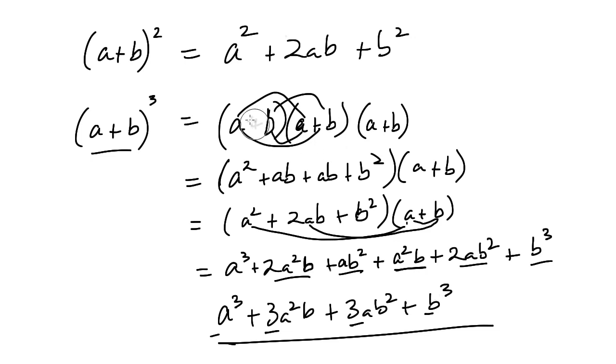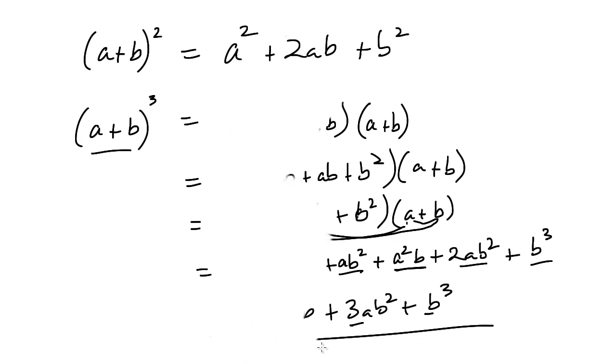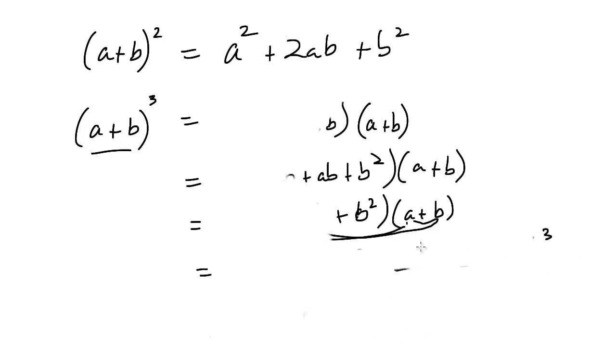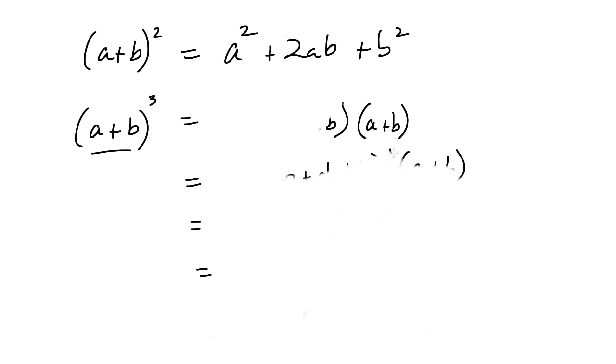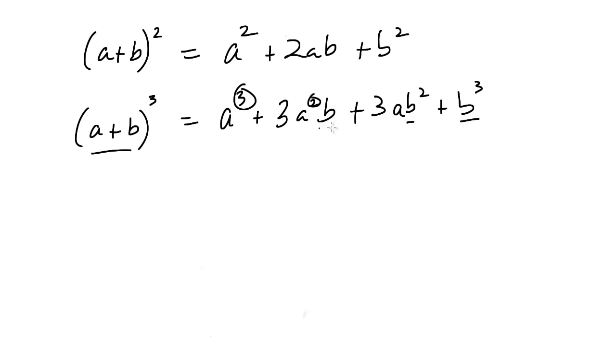If I didn't want to go through this whole process that I've just gone through, and I know that I always end up with a cubed plus 3a squared b plus 3ab squared plus b cubed, and I should be able to remember that, then I can quickly go straight from (a plus b) cubed to a cubed plus 3a squared b, because I'm decreasing the power of a as I go from left to right, plus 3ab squared plus b cubed, because I'm decreasing the power of b as I go from right to left.